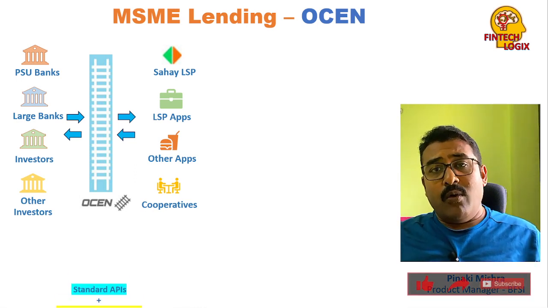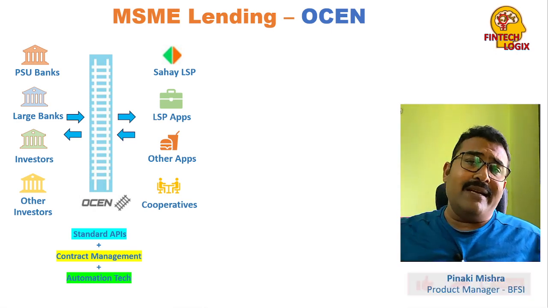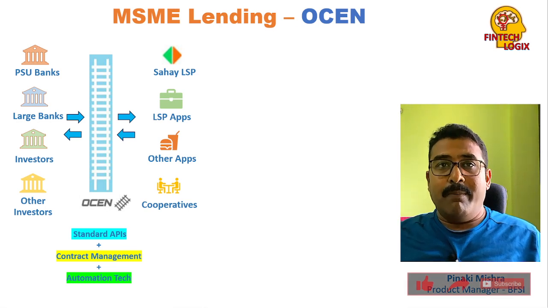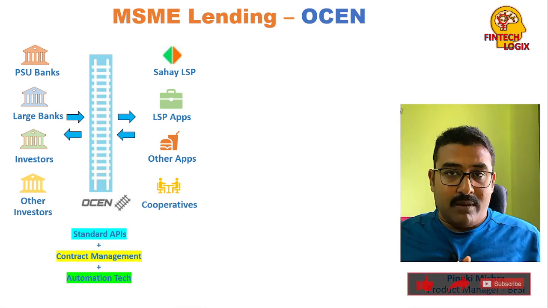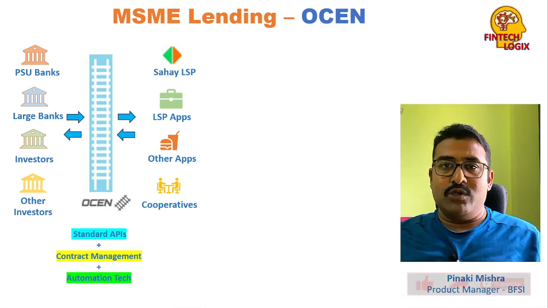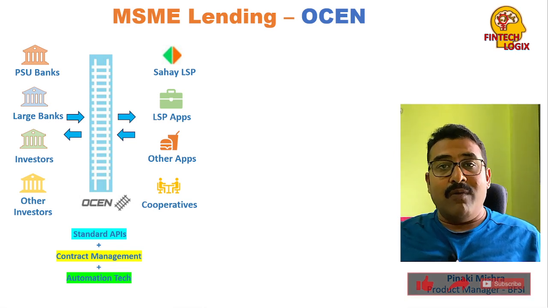So what would OCEN provide? OCEN would provide the standard set of APIs that would be used by both the left hand side banks and the right hand side LSPs to connect, authenticate and do the entire workflow.